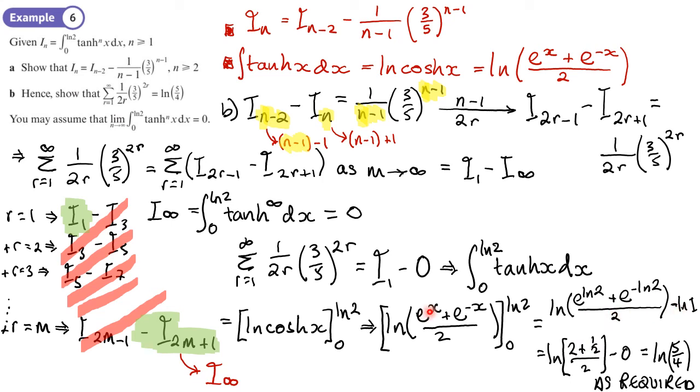When we substitute 0 in, then we'll get 1 here, we'll get 1 here, so 1 plus 1, 2 over 2 is 1, and we've got log 1, log 1 is 0, and then 2 plus a half is 5 over 2, divided by 2 is 5 over 4, so we end up with log 5 over 4 as required.